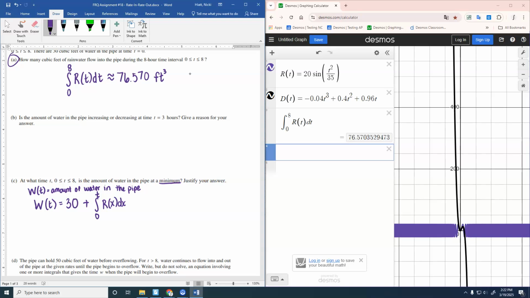You want to do 0 to t. Don't do 0 to 5 or 0 to 8 or 0 to anything else because it's got to be a variable that goes there so that this applies for any point. And then I need to subtract the water that left. What do I do for that? 0 to t of d of, I'm going to use X there as well, like that.